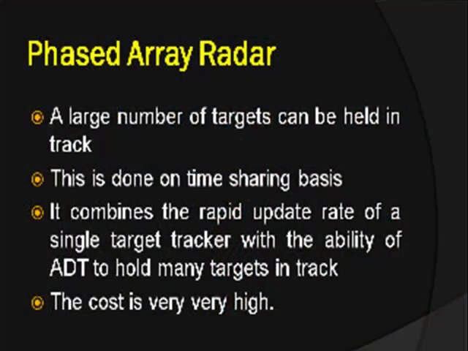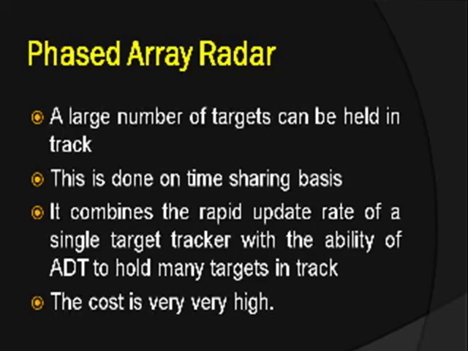Another type of tracking radar which is used in the modern world is the phased array radar. Here we can track a large number of targets simultaneously, and this tracking is done on time sharing basis.